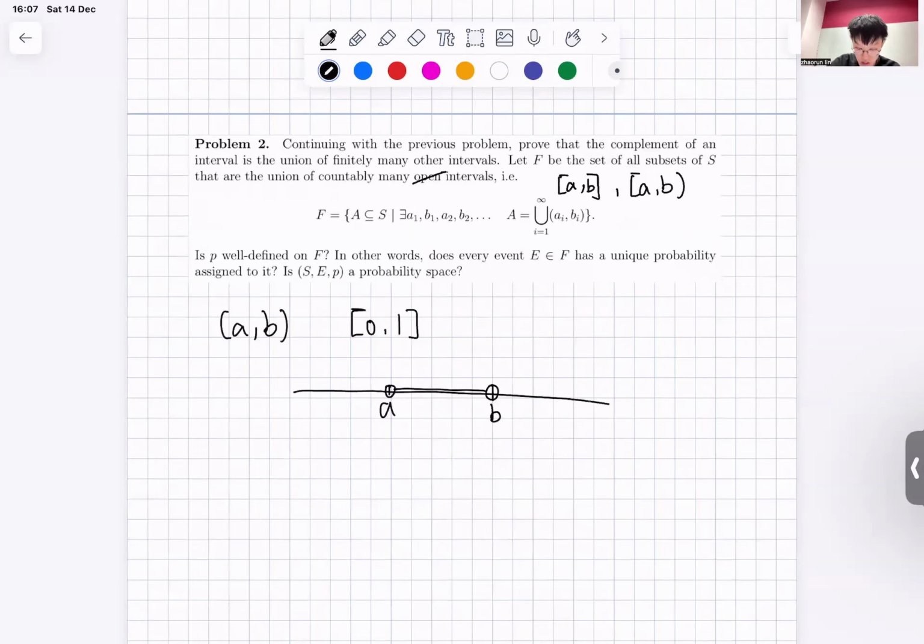The complement of this is just from 0 to A, and then from B to 1.